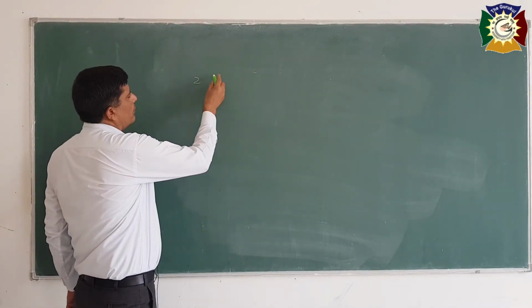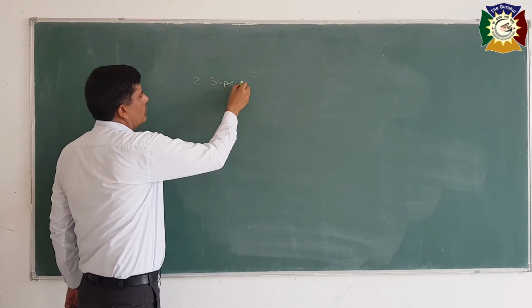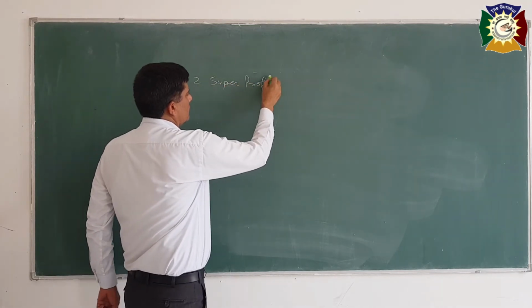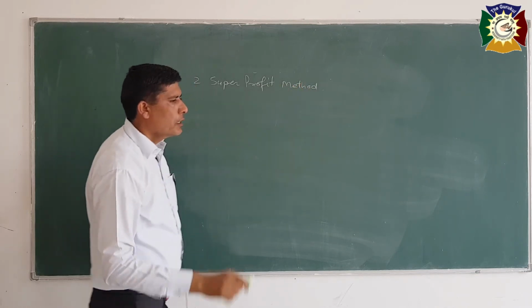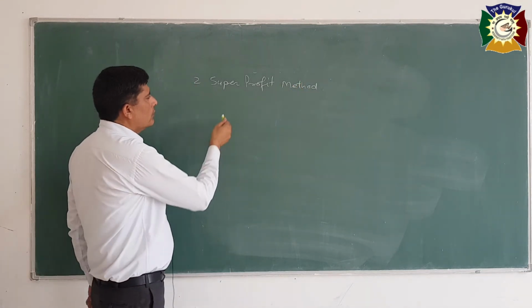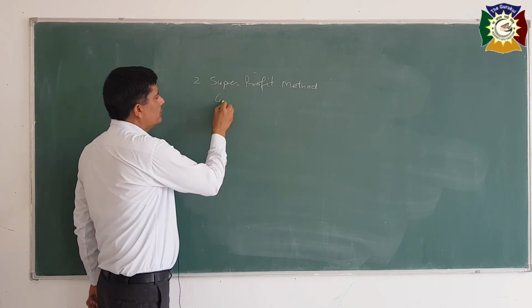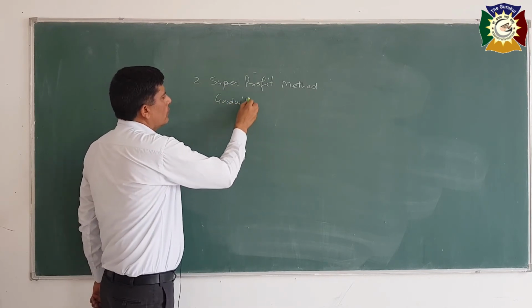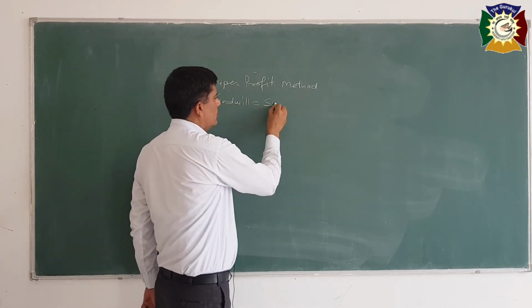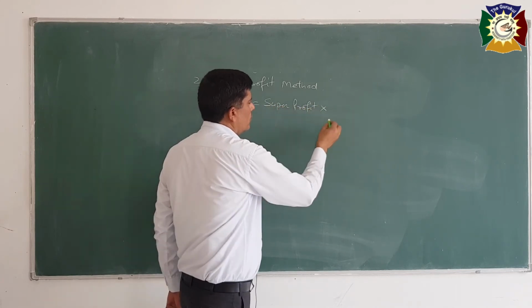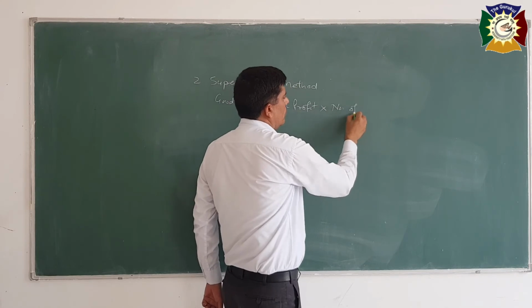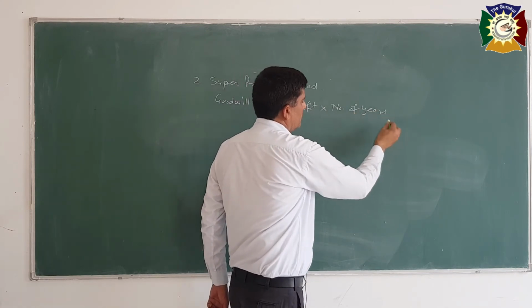That is super profit method. So under this method, to calculate goodwill, the formula used is goodwill is equal to super profit into number of years purchased.